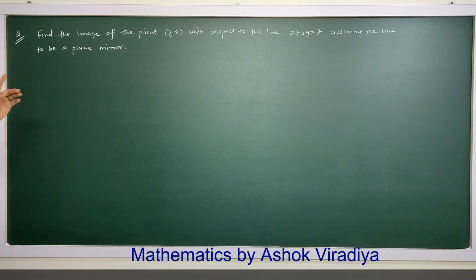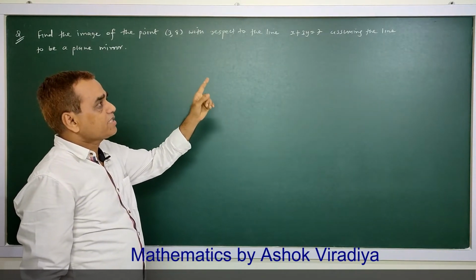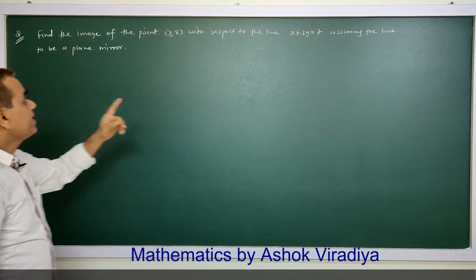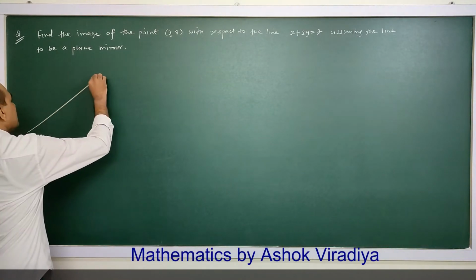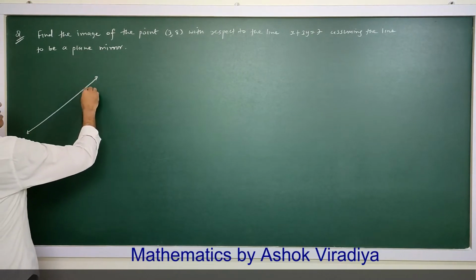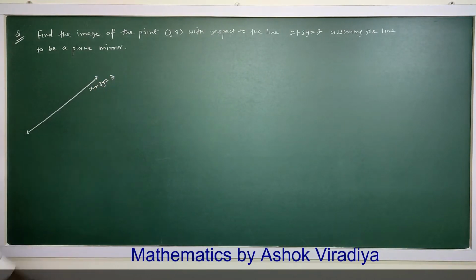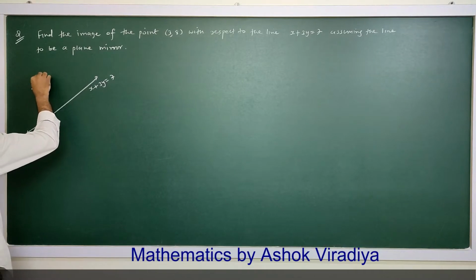Find the image of the point (3, 8) with respect to the line x + 3y = 7, assuming the line to be a plane mirror. So here the given line is x + 3y = 7 and the point is (3, 8).